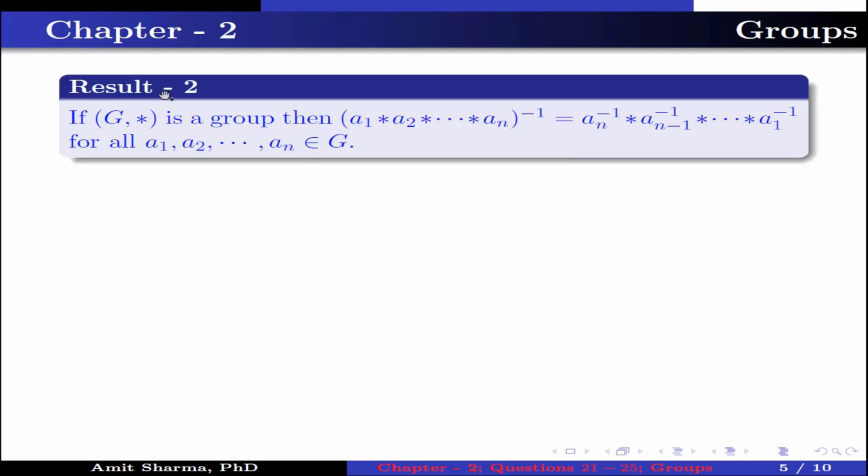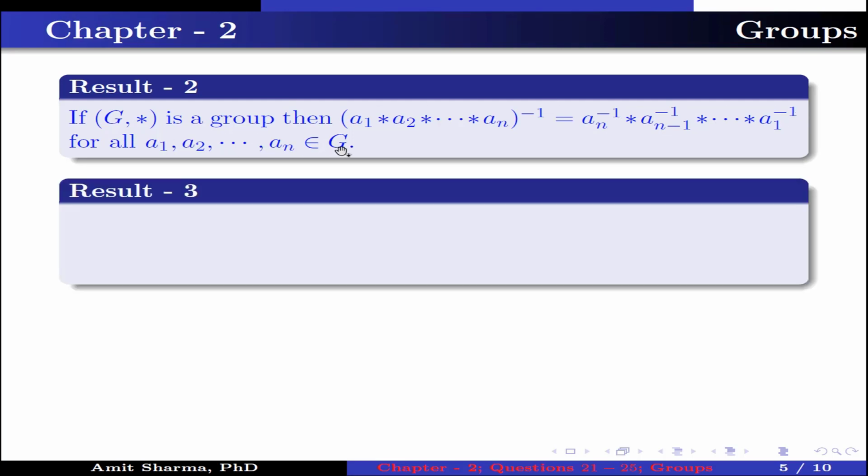Result number 2. If G under binary operation star is a group, then (A1 star A2 star up to An) inverse is equal to An inverse star An minus 1 inverse star up to A1 inverse for all A1, A2, An belongs to G. Result number 3.